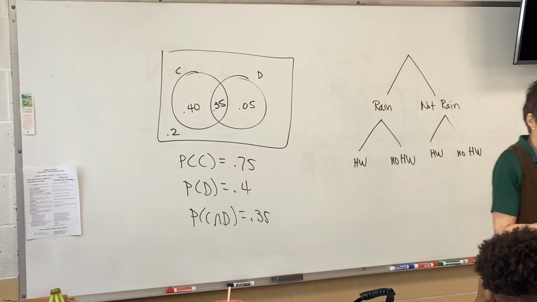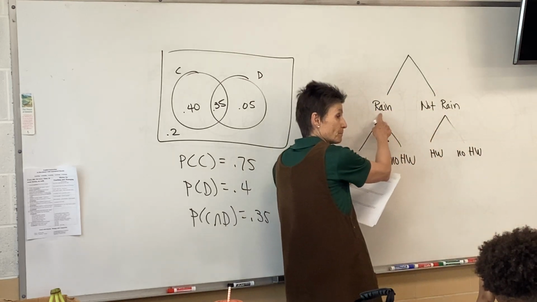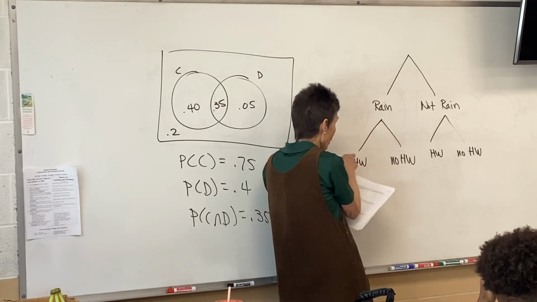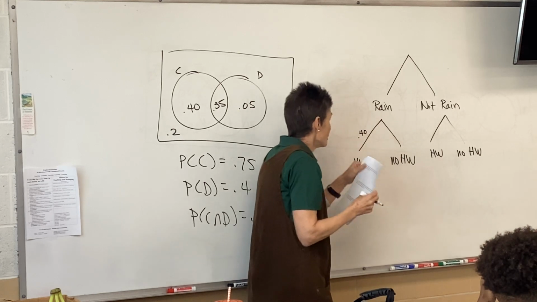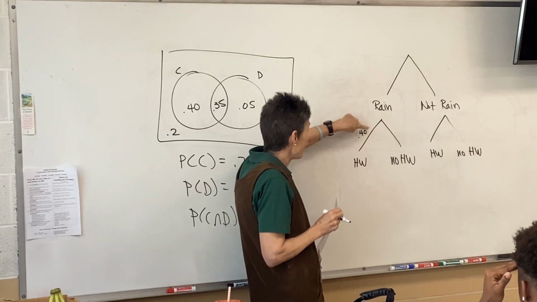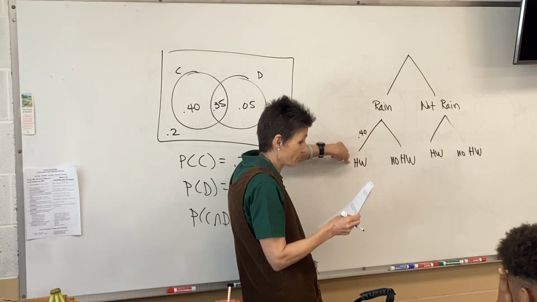Okay? Now, if it rains, the probability Joe will do homework is 0.40. So this little branch right here, it's gonna rain and he's gonna do homework. That's 0.4.